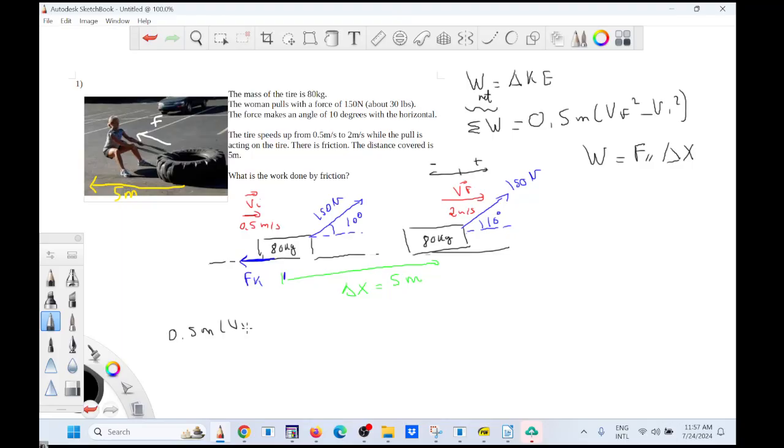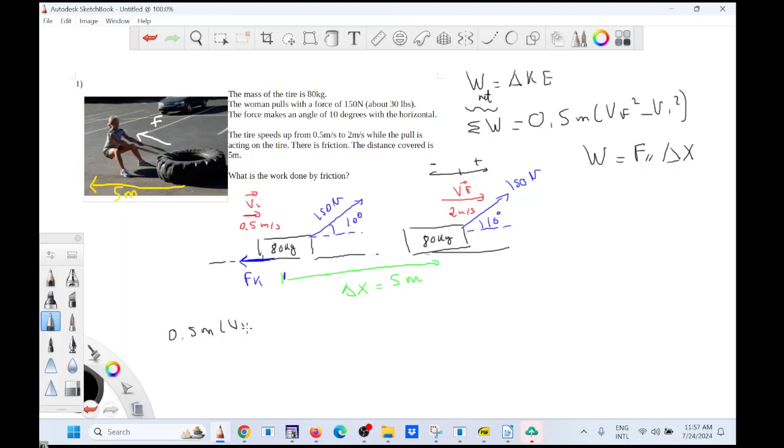So the work done by friction will be equal to, so you subtract this from there, right?